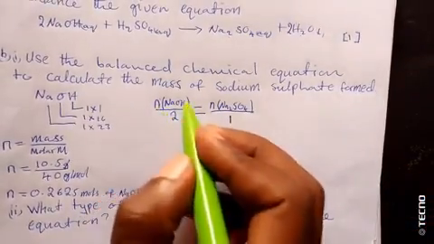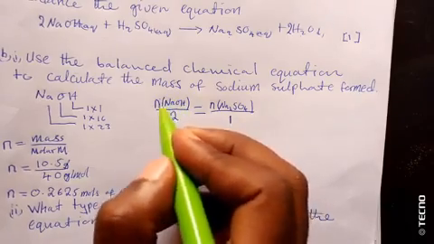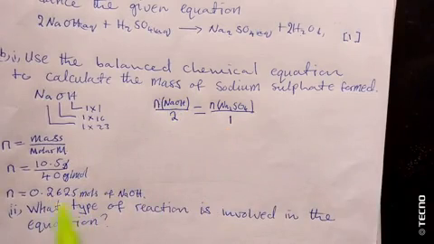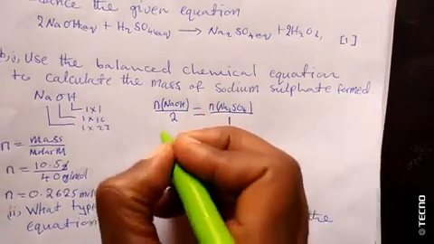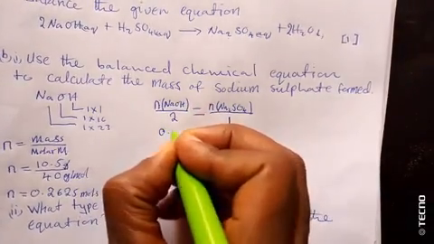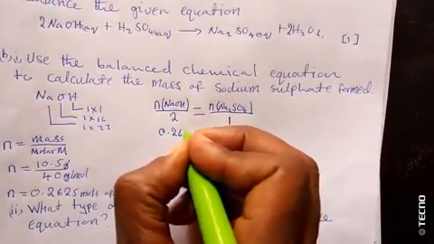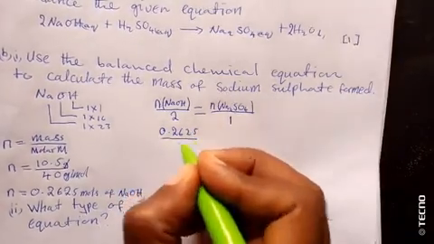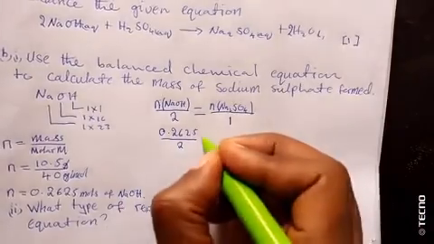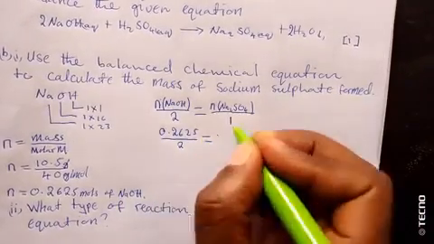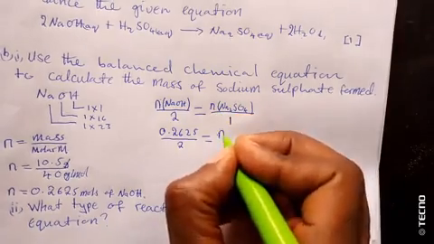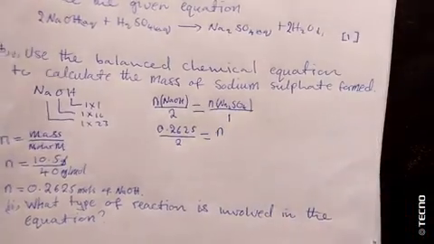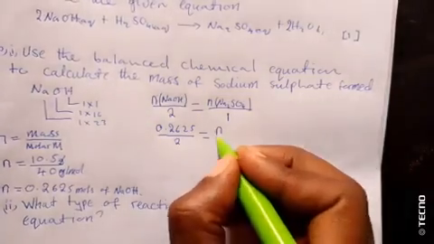Then you replace here, we're going to put the moles of this sodium hydroxide that we've calculated to be 0.2625, then over 2, is equal to N. We know that we are calculating for sodium sulfate, so we have N over 1.